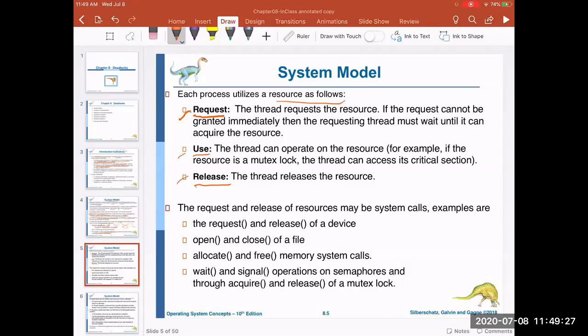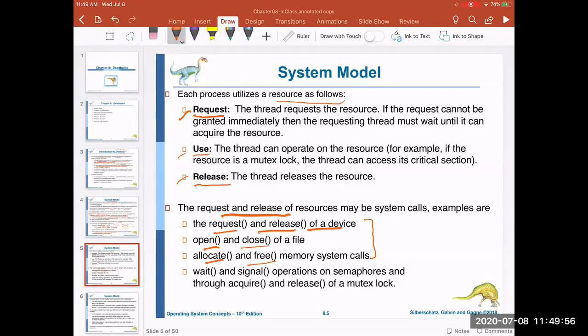For requesting and releasing, there are different types of system calls available, like request and release for a device, open and close for a file, allocate and free for memory. These are used to implement request and release for the different types of resources available on our computer system.